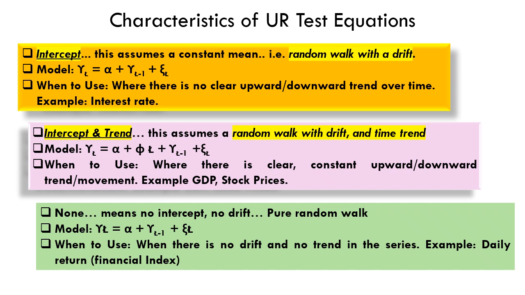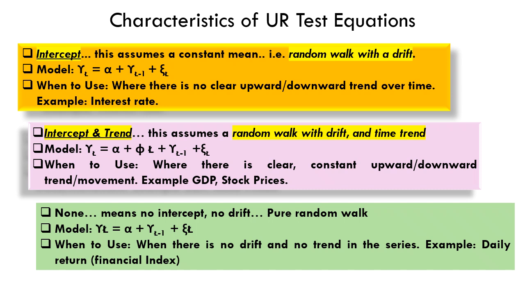In the intercept and trend, most data that exhibit a random walk with a drift and show a time trend over time is data that would be used in this area for estimation purposes.